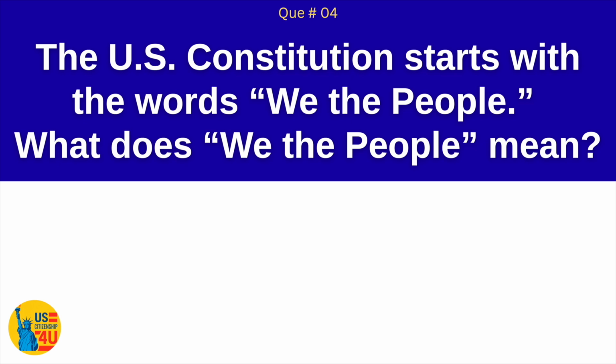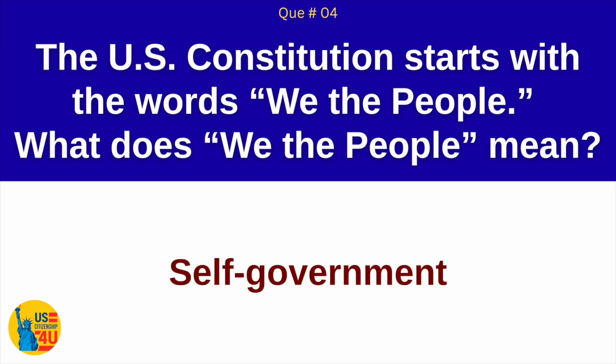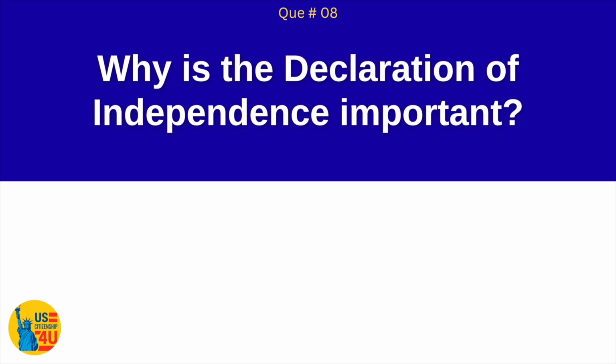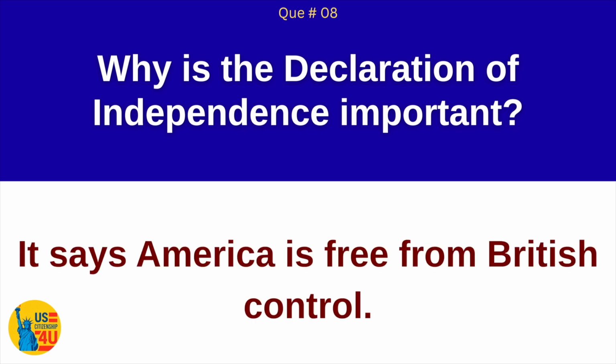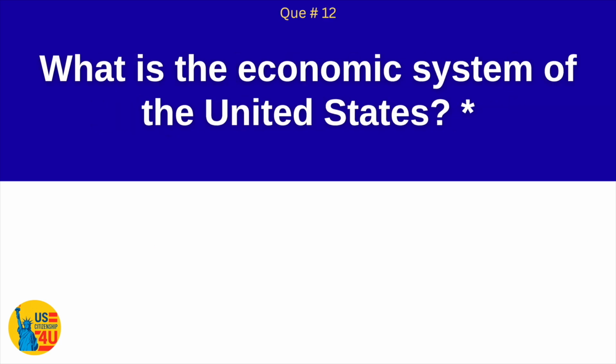The U.S. Constitution starts with the words, "We the people." What does "we the people" mean? Self-government. Why is the Declaration of Independence important? It says America is free from British control. What is the economic system of the United States?